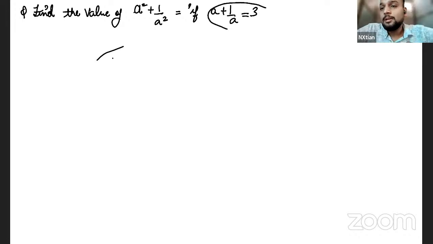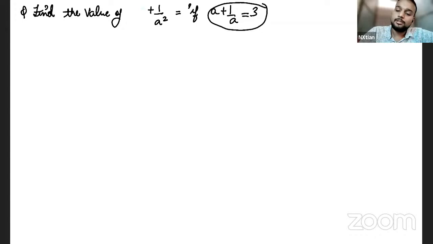Okay, understood? We were doing squaring on both sides, and then we solved them. We will not discuss that. Joshua, do you have any doubt in this? No? We did this question, but now the question will be reversed.